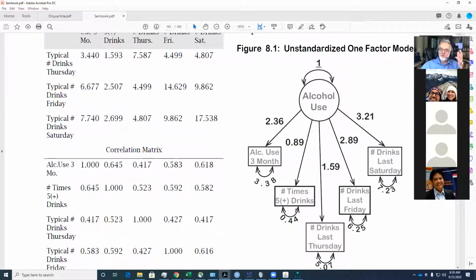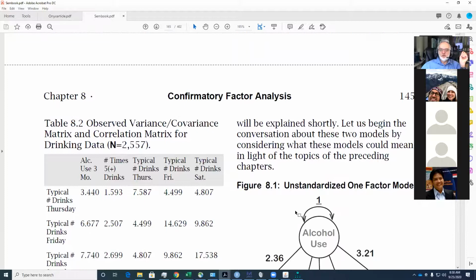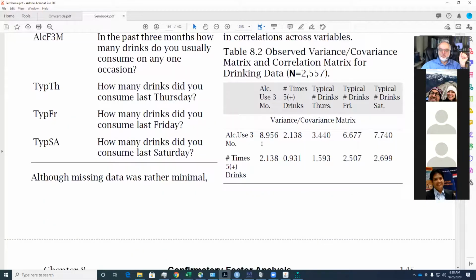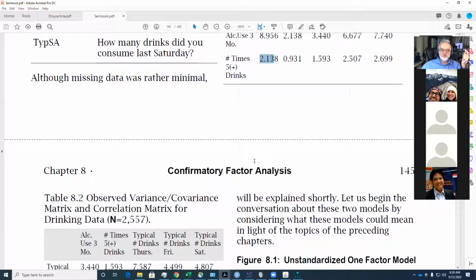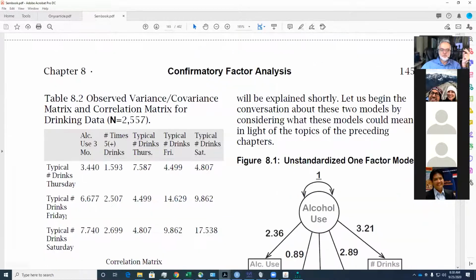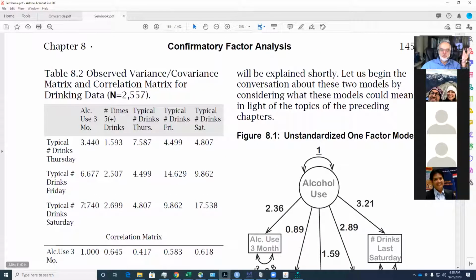Now, why are we not getting exactly the numbers that we found in our variance covariance matrix? Well, let's count how many parameters we have going on here. I have 5 variances plus 4 covariances involving 5 plus drinks plus 3 plus 2 plus 1 covariances involving typical drinks on Saturday.